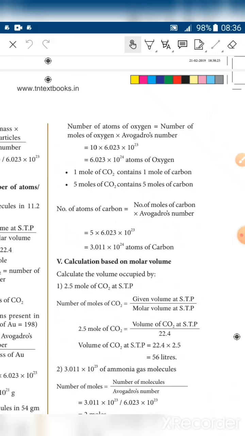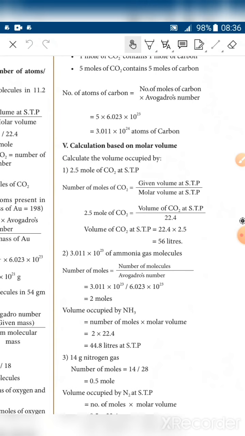Then how to calculate the molar volume? Molar volume can be calculated by the formula: given volume by molar volume. Given volume is, suppose 1 liter, 2 liter you can write, but here, see, 2.5 moles. Mole is given. So you write the number of moles, 2.5 mole.